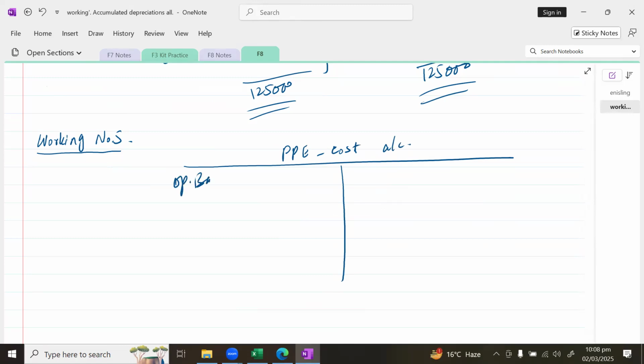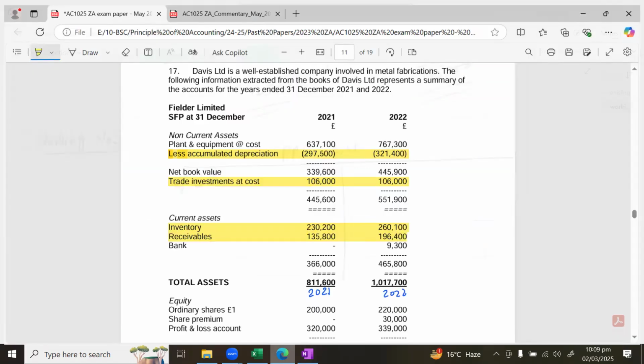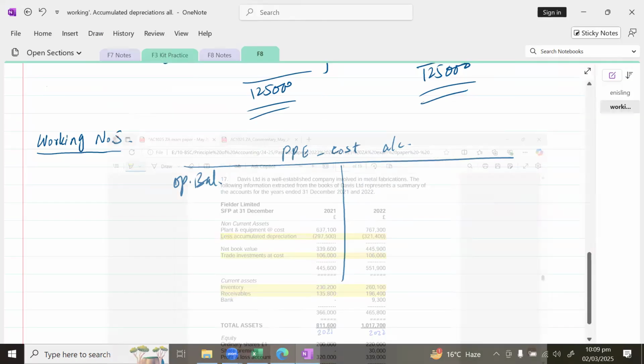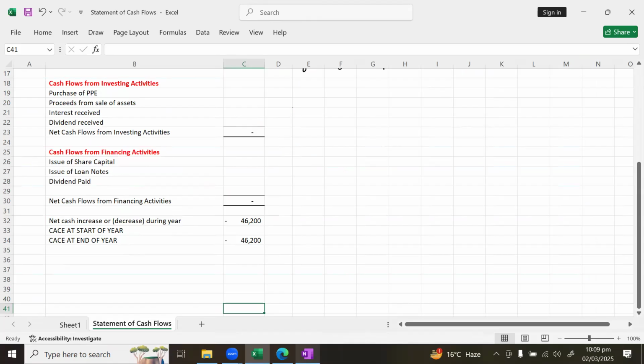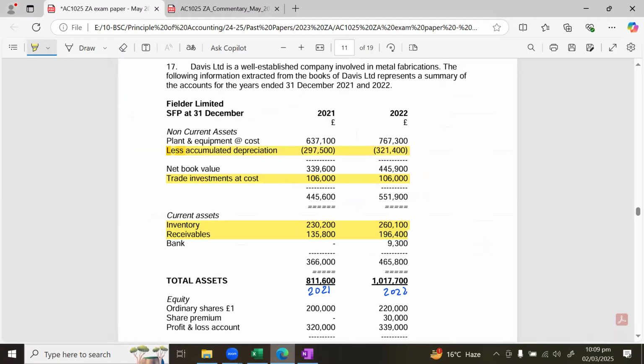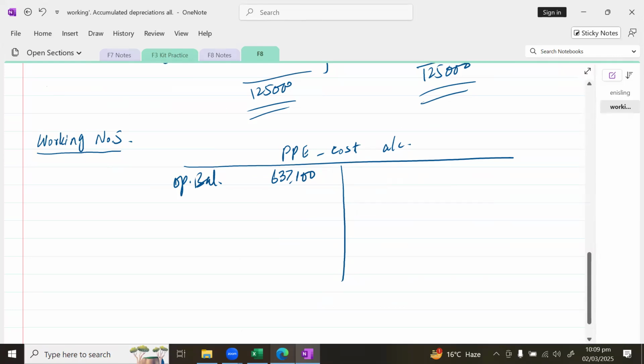Opening balance is 637,100. And closing balance is 767,300.